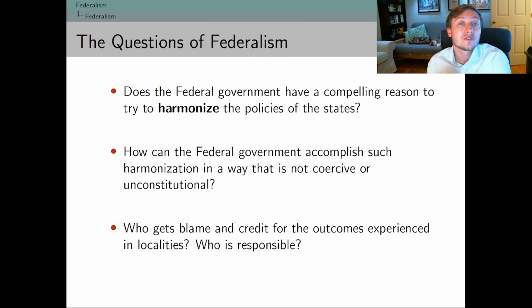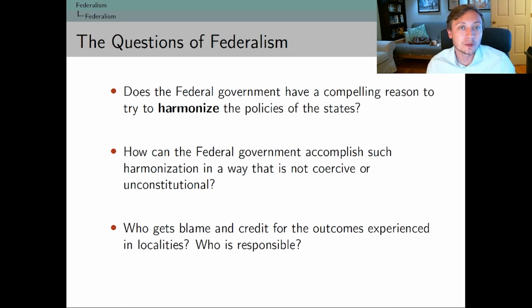And so the fundamental questions that need to be asked of this period and of any period when we're talking about decisions related to this new reaching in, right, this new sort of mixing of federal and state authority is as follows. First, does the federal government have some kind of compelling reason to try to harmonize the policies of the state?